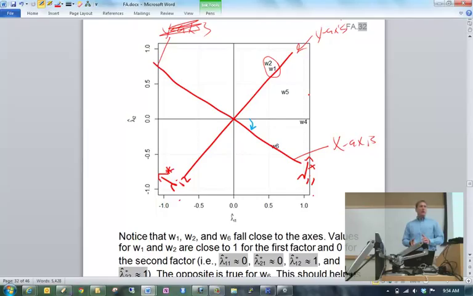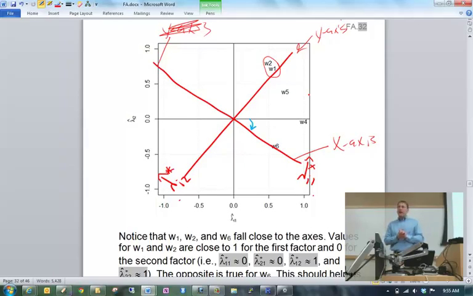And hopefully you realize that W1 and W2 are going to have values of lambdas that are close to 0 for the x-axis, and large values corresponding to the factor 2 for the y-axis. W6 is going to have small values close to 0 for the y-axis, which corresponds to common factor 2, and values closer to 1 for the x-axis, corresponding to factor 1.